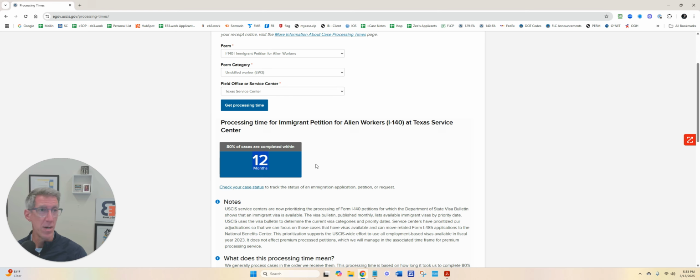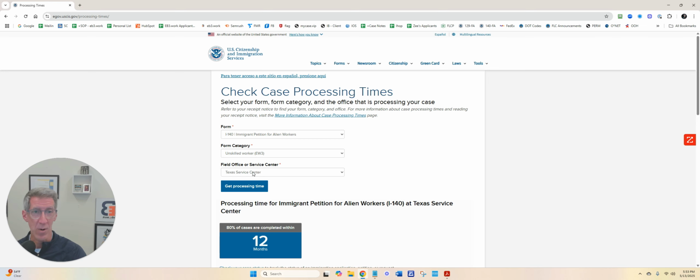And actually, hopefully, we will want that because that means that the visa bulletin dates are current or getting closer to current, which hopefully they will be after this immigration workforce development legislation that I'll tell you about in a minute. So step 2, that's the I-140. That's how you check the status.